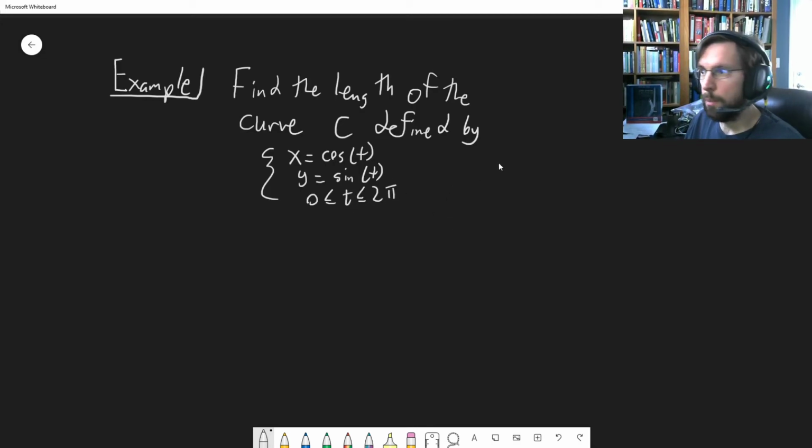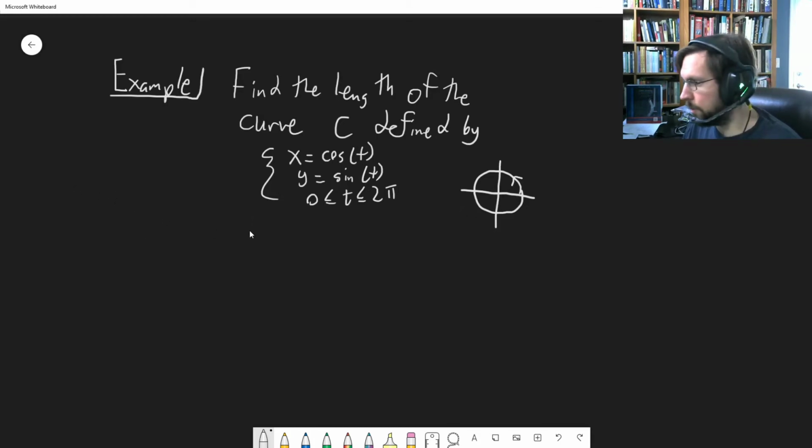We've seen this a bunch of times at this point. This is your standard circle of radius 1 centered at the origin, so this should be one loop around the circle.